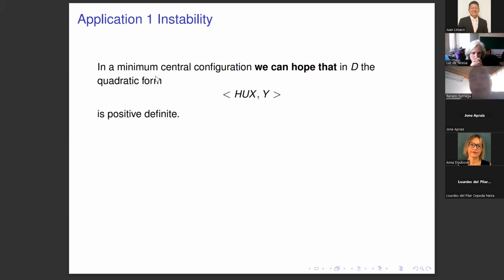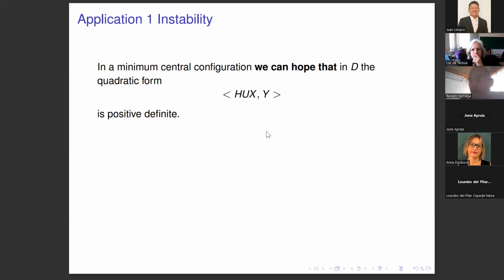Minimum means that we were thinking of central configurations as critical points of the potential, and minimum will be minimums of it. And so we can hope that if we have a minimum central configuration, that this should be positive definite.